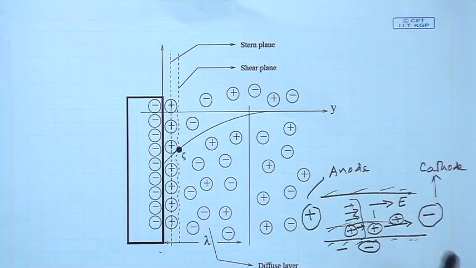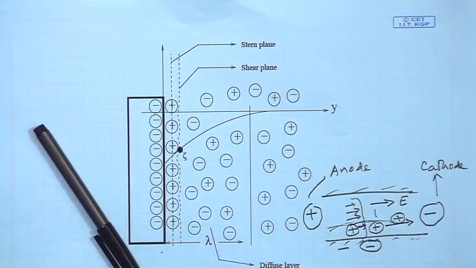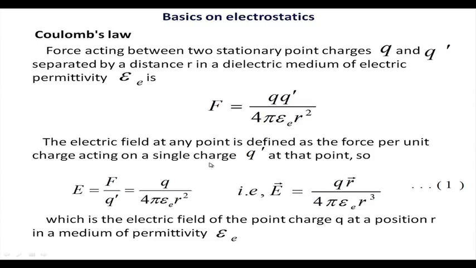Now, we intend to model this kind of situation. Before that, we have to understand the electrostatic terminologies and how we quantify the effects of charges. First, we talk about Coulomb's law.